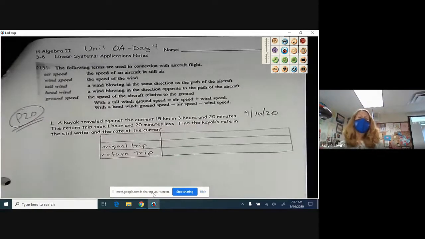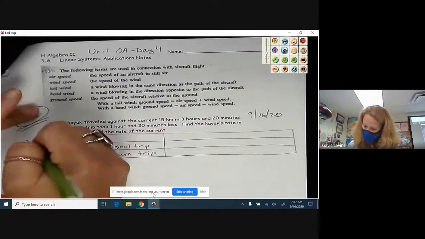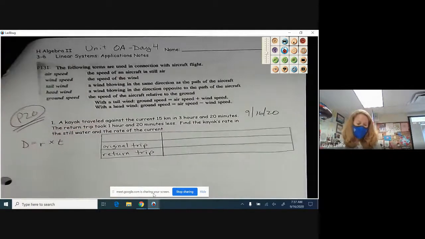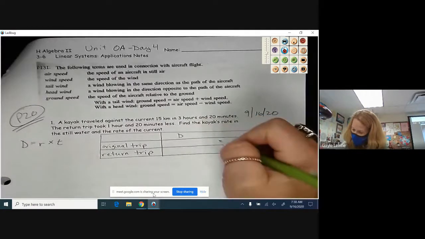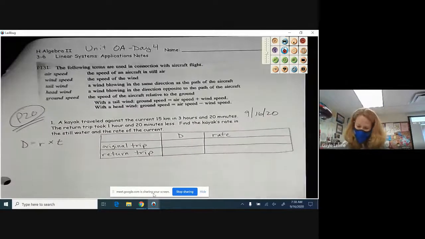For all of these questions, we're going to go back to the notion of distance equals rate times time. We'll be using that formula multiple times throughout the year. I'm just going to put D for distance, rate, and then time.